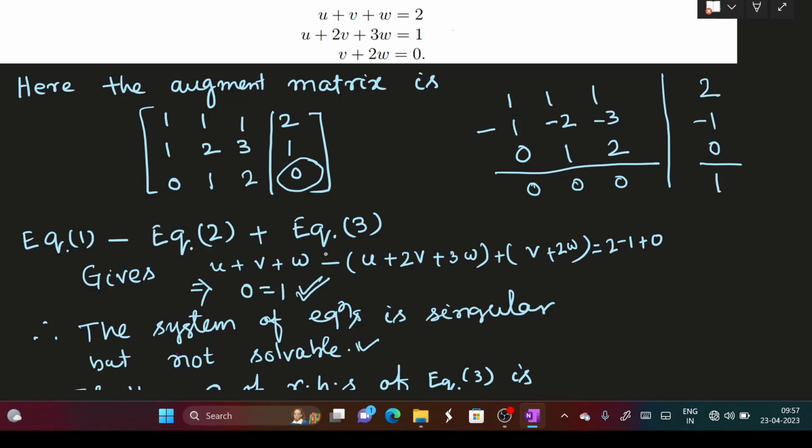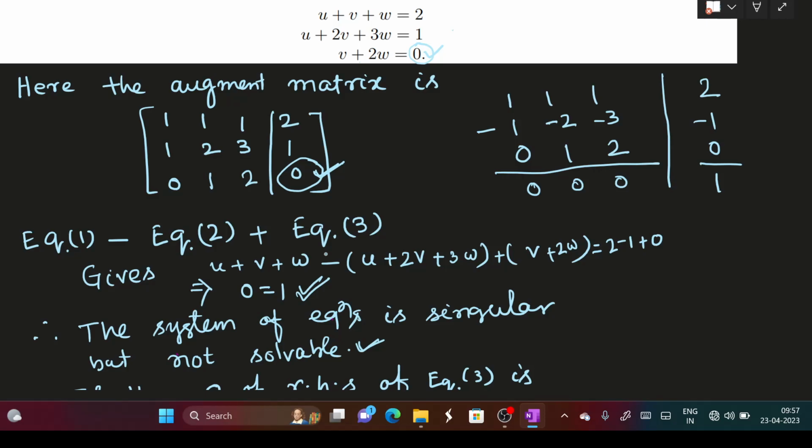Next is, for what value should we replace this 0 value of the third equation on the right hand side so that we will get a solution? Now observe here, from the augmented matrix, the left hand side is a 0 vector and the right hand side is non-zero.